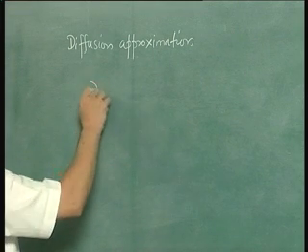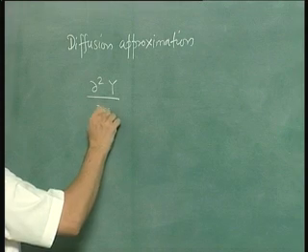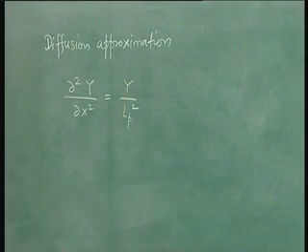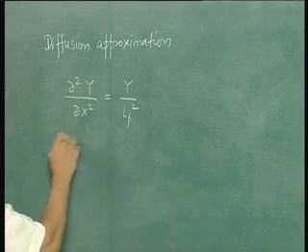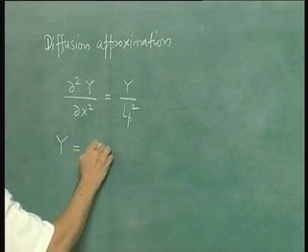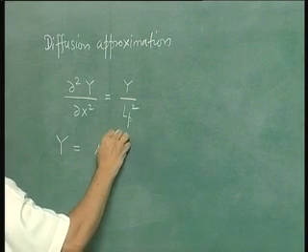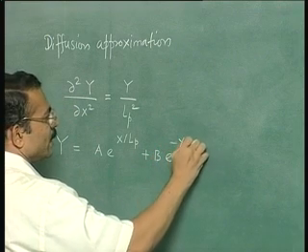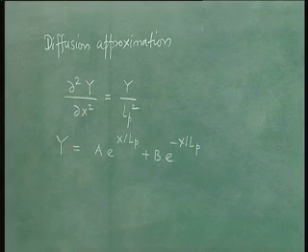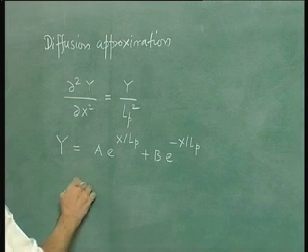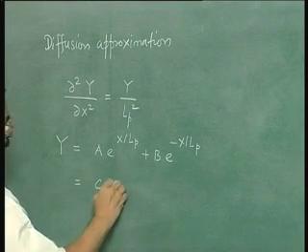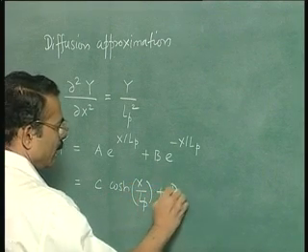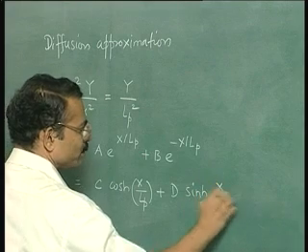Now for a differential equation of the form ∂²y/∂x² equal to y/Lp², the solution is given by y equal to a e^(x/Lp) plus b e^(−x/Lp), or you can also write it in the form c cosh(x/Lp) plus d sinh(x/Lp).